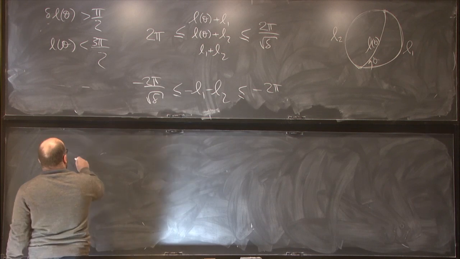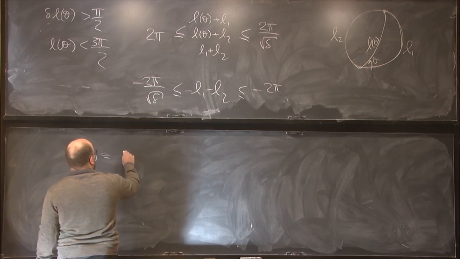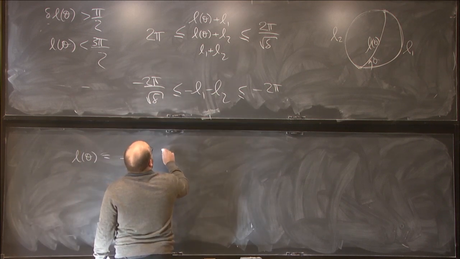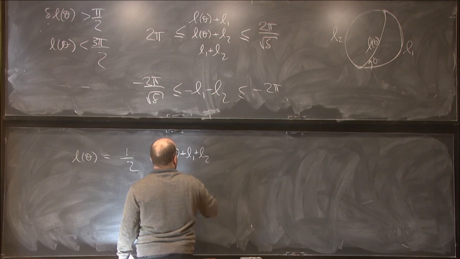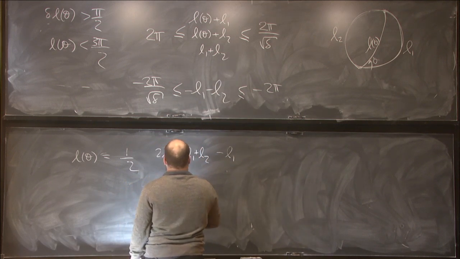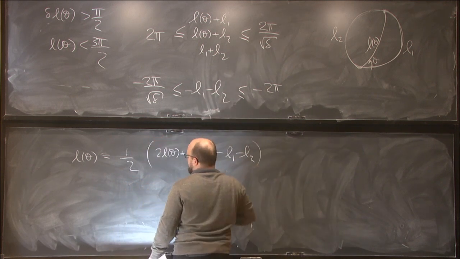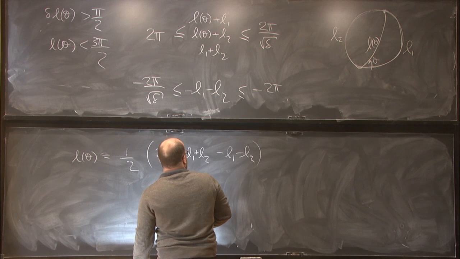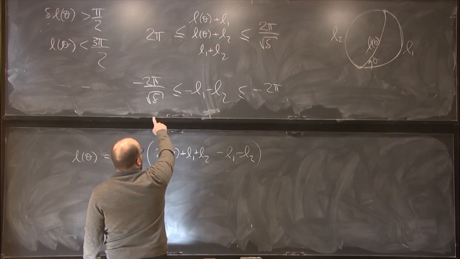So this means what? This means that L of theta is 1/2 of 2L of theta plus L1 plus L2 minus L1. Okay, let me write it like this. Silly way of writing L of theta. But then you add 2 of these estimates and subtract this one.